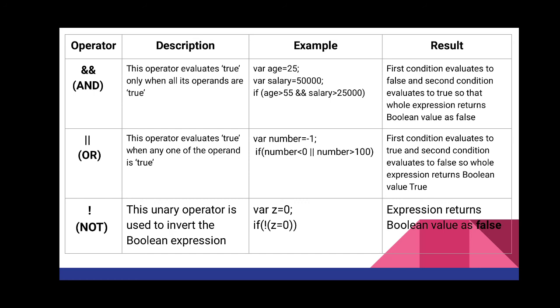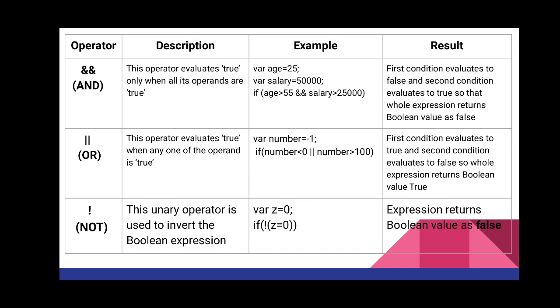OR. Now what is the condition for OR? At least one input has to be true. Even if both the inputs or both the conditions are true, then also it will give us the answer as true. So this operator evaluates true when any one of the operands is true. Agree? Any one condition. So what is given here? Number equal to -1.